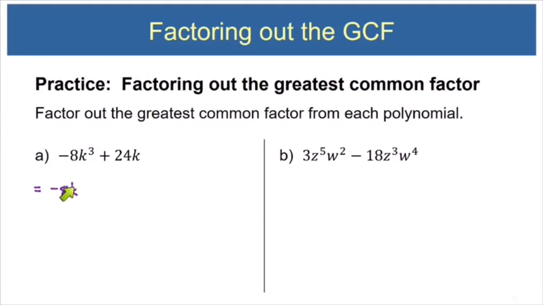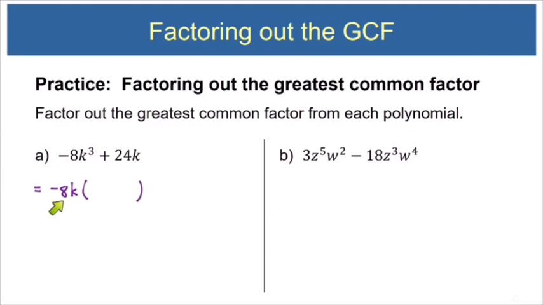And by the way, the largest power of the variable that you can pull out is the smallest one that they all have. So since both of my terms have k, then I can pull out k to the first because that's the smallest power of k that I have in any one term. Okay, so there is our GCF, and now we'll put down our empty pair of parentheses. It needs to hold 2 terms.